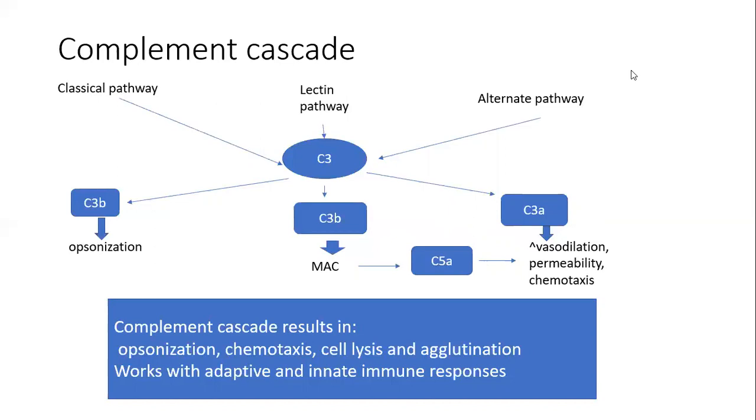The final common pathway that results in the membrane attack complex is C5b, and that basically drills holes in the cell membrane of the pathogen and makes it blow up.